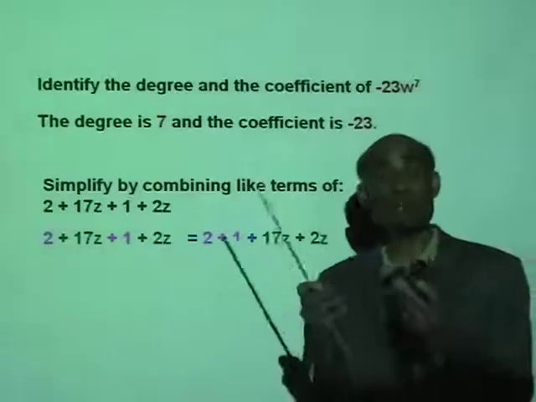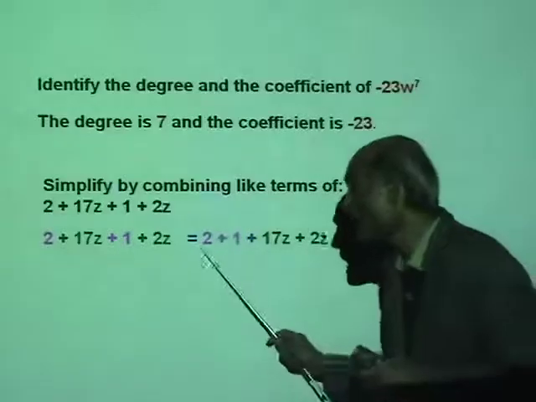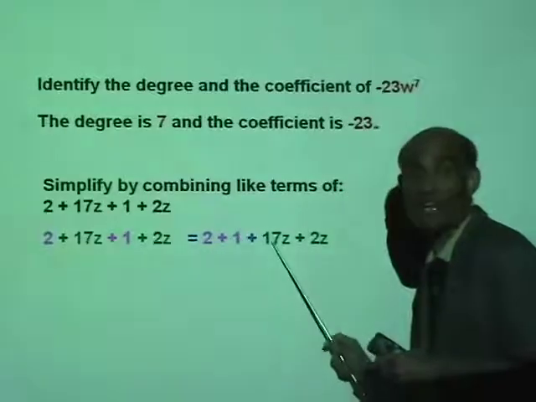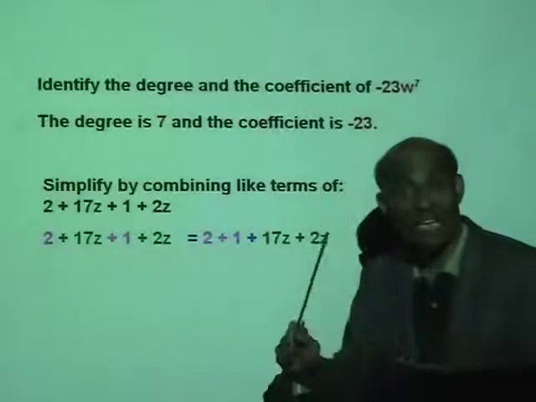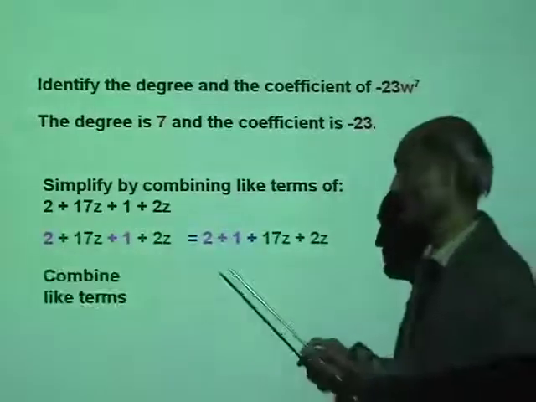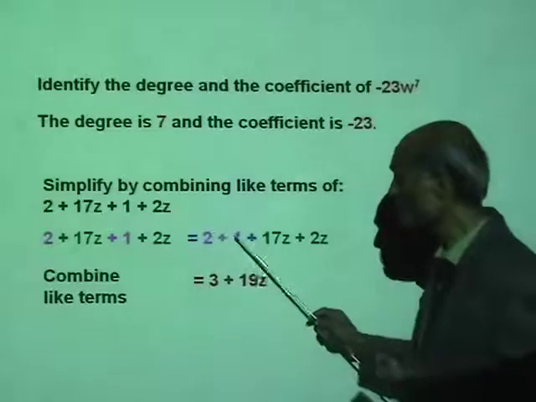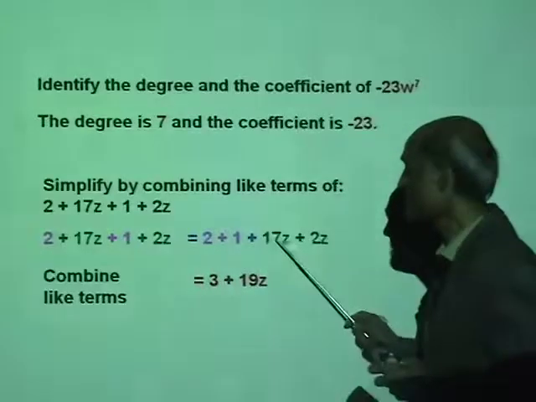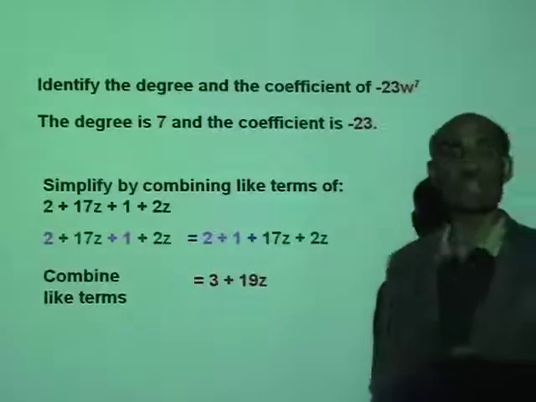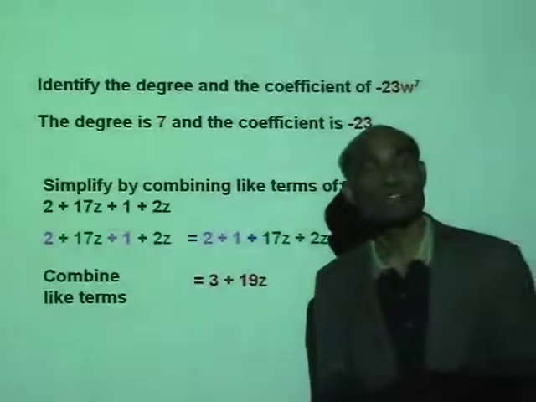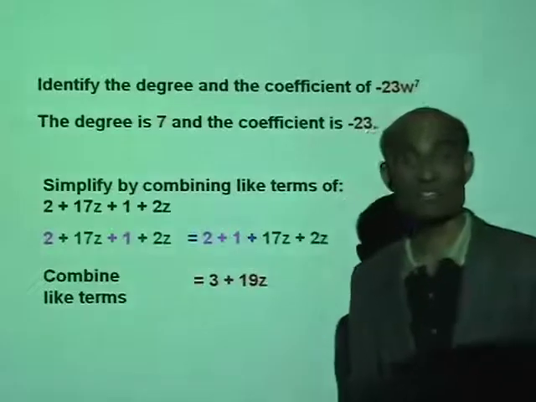Makes it easy for me to add. Now I can add the numbers. I can now add the terms that contain z. They are like terms. Now that will be 2 plus 1 is 3. 17z plus 2z is 19z. The result is 3 plus 19z.